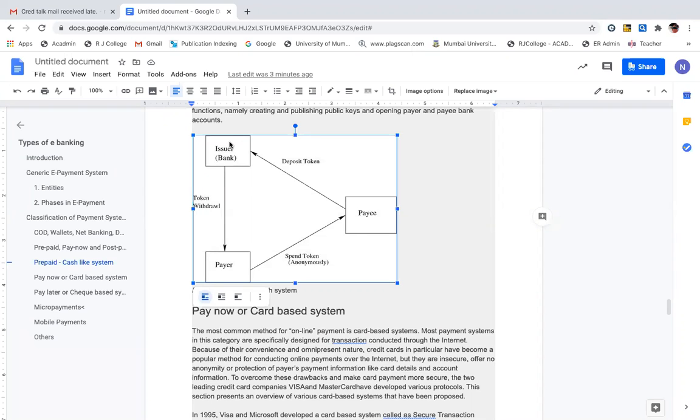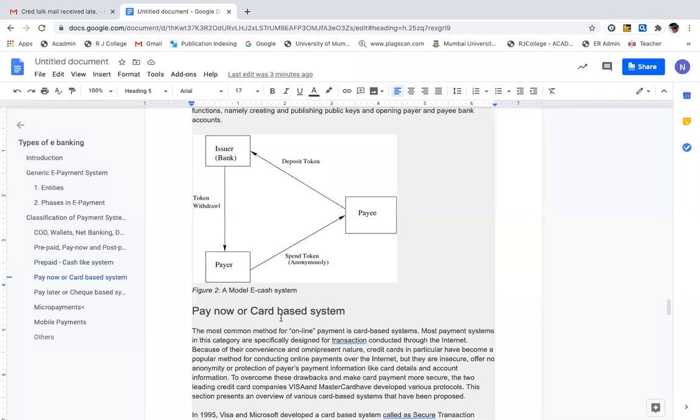Are you following this? This is called the prepaid cash system. Ola Money, have you heard of it? Yes, ma'am. So that is what is called e-cash. Whichever app you are frequently shopping from, either goods or services, we call it e-cash. You can maintain an e-cash.